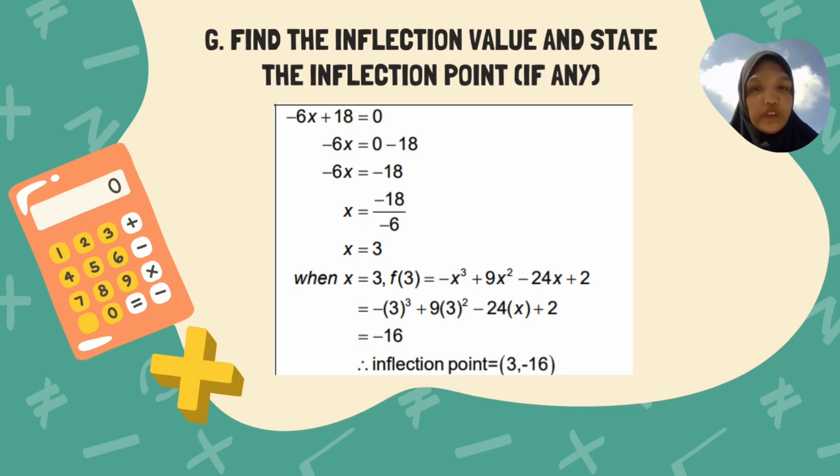When x equal to 3, that means f(3) equal to negative x to the power of 3 plus 9x to the power of 2 minus 24x plus 2. And then substitute x with 3. You will get the answer is negative 16. So the inflection point is (3, negative 16).